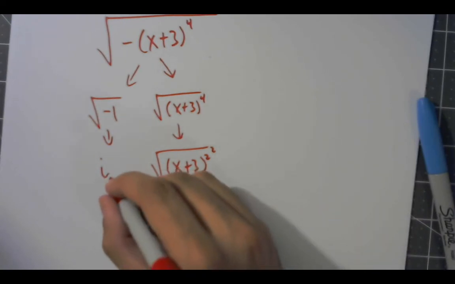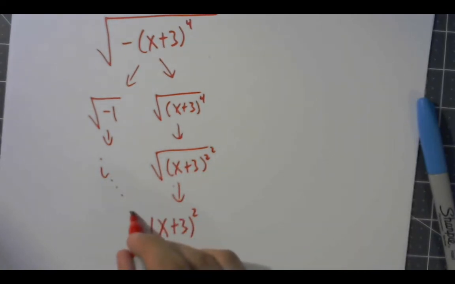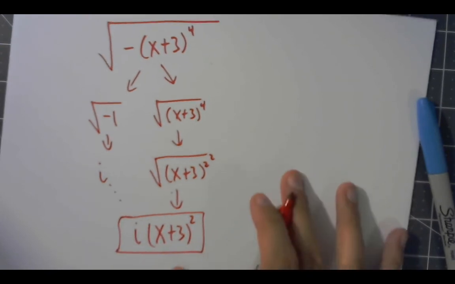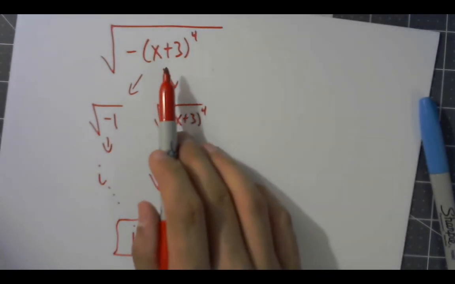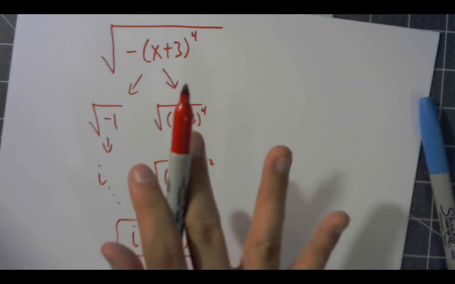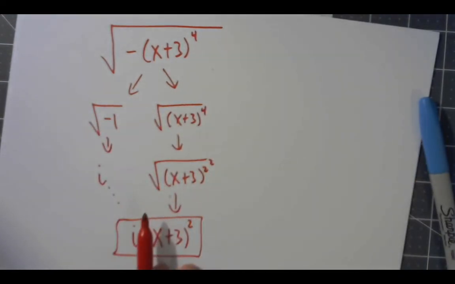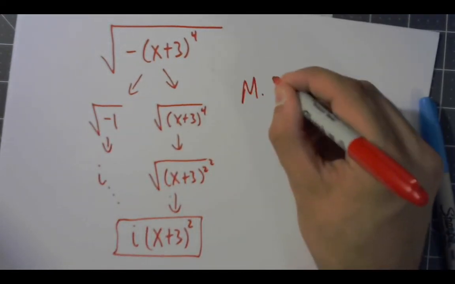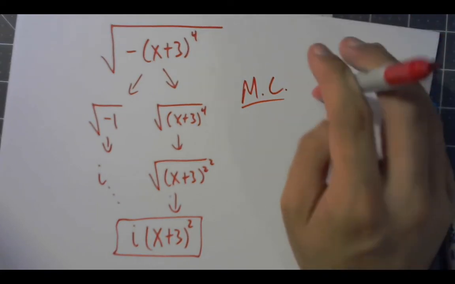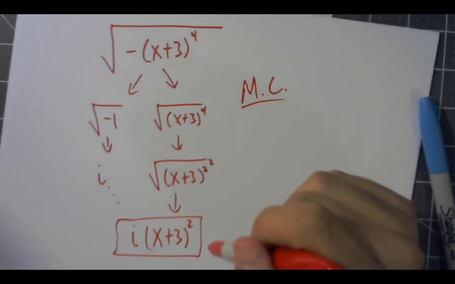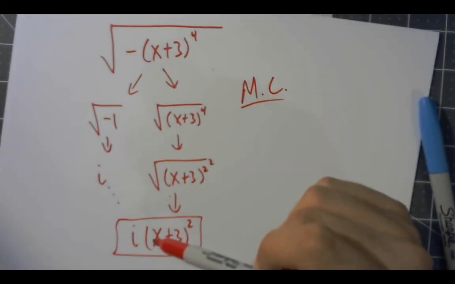And then we'll move that i over here. So you're not actually foiling it. That's not the point. The point is just to get rid of the square root. But this will be one that's kind of like multiple choice. You'll look here and say, oh, it's probably this one.